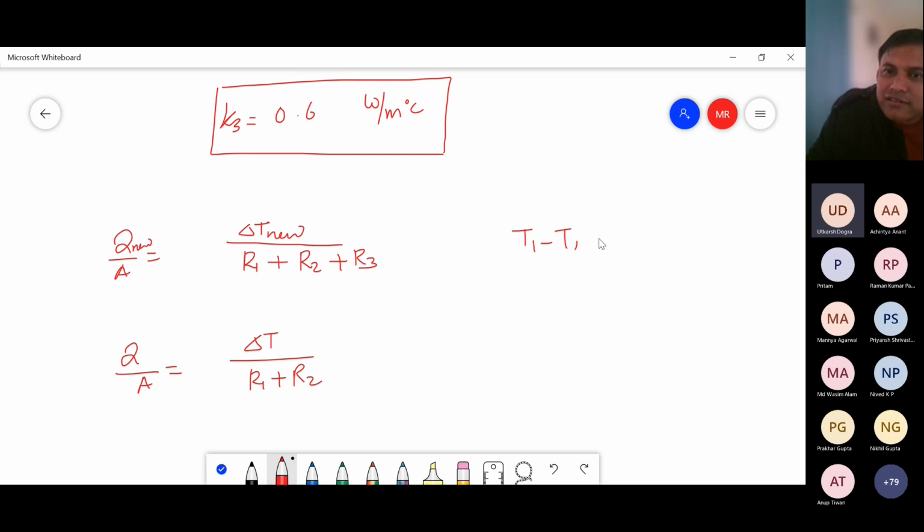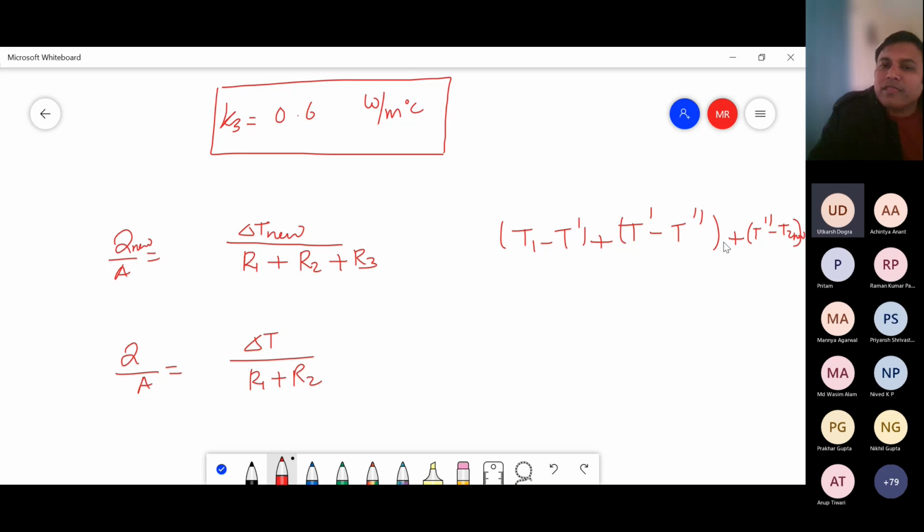T1 minus T dash, plus T dash minus T double dash, plus T double dash minus T2, correct. Now here this T2 is new, and therefore this T dash and T double dash both are going to be different.